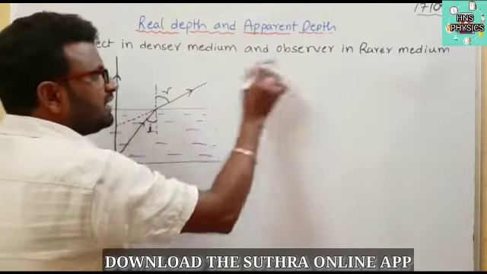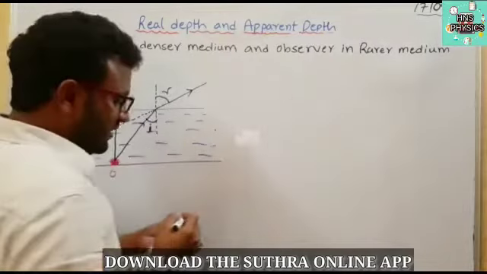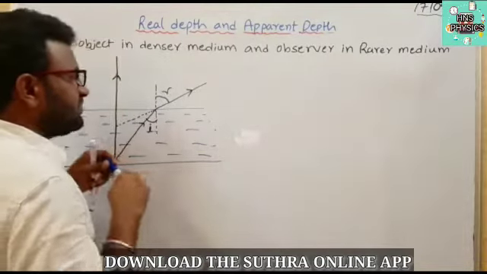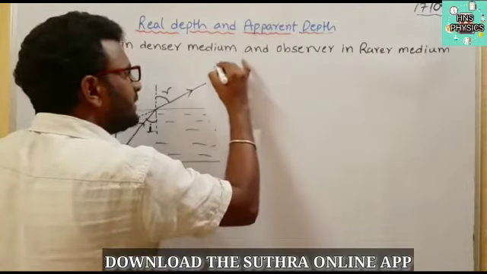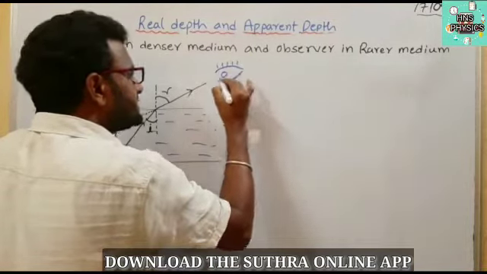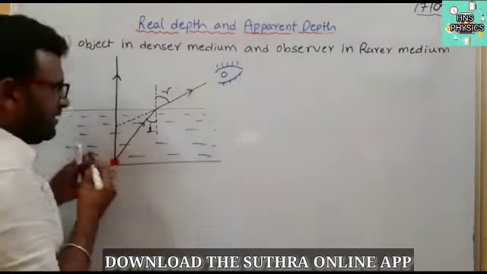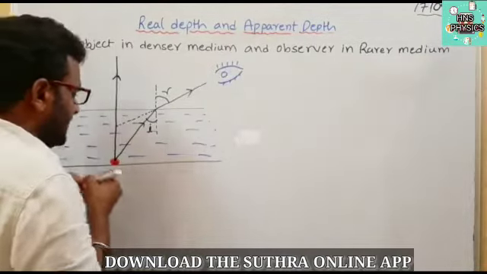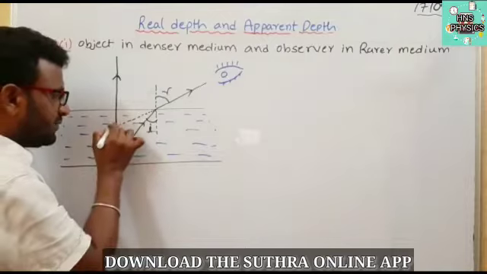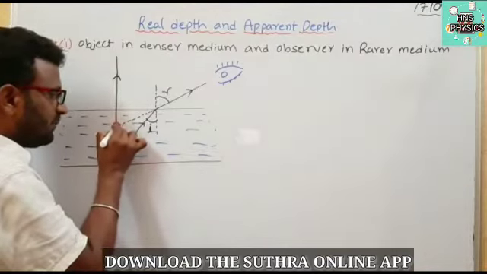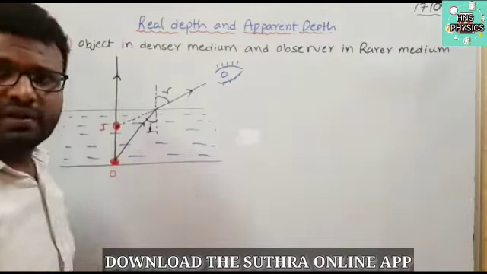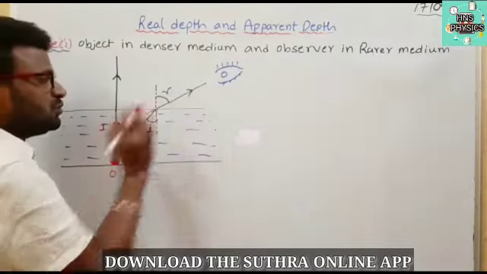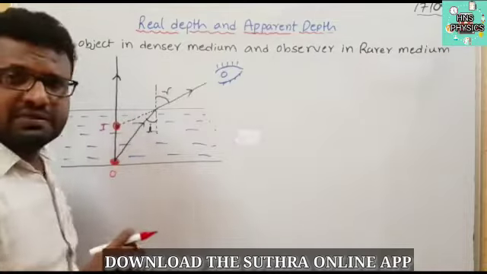appears to the observer in the rarer medium at this position. That means the coin's image appears here.